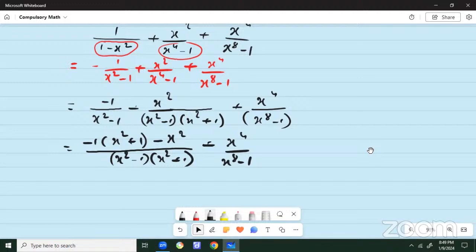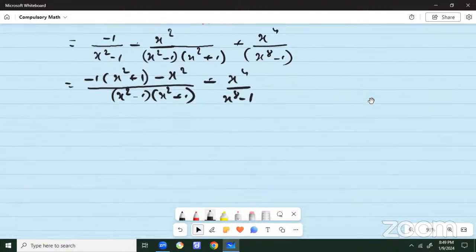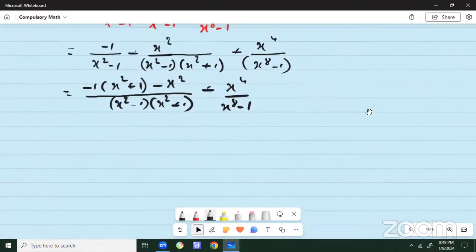Now, after this, should we try? Yes, sir, I think you can do it now. Rupesh and Prashna, what did you get? Tell us. Finally, what did you get?